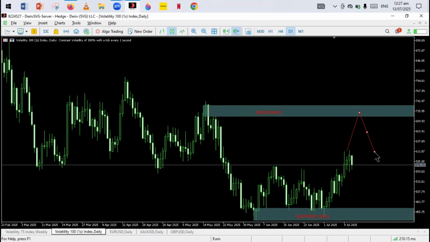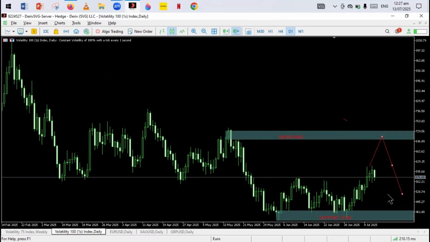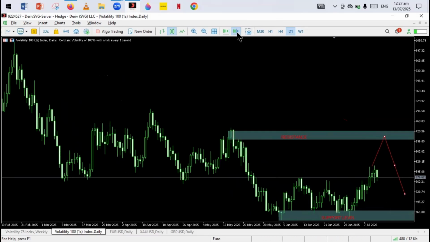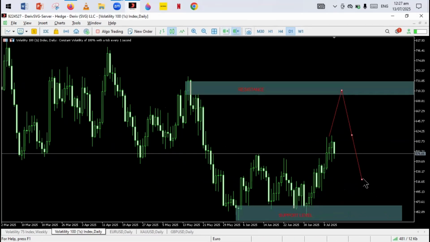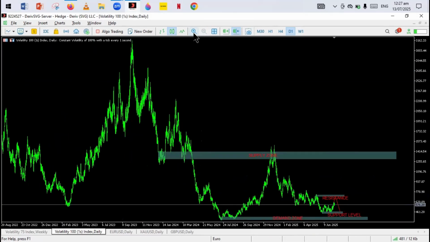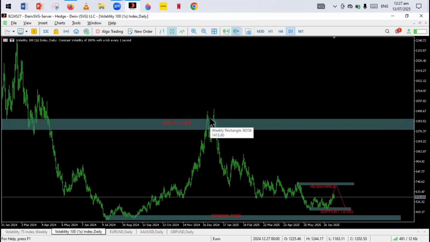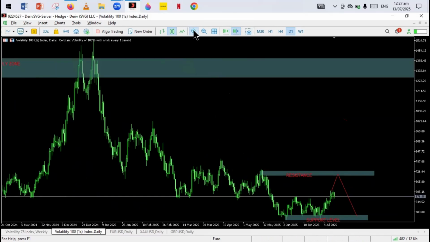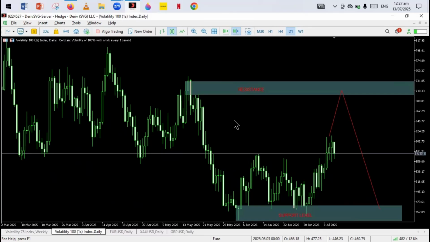So that's what we can expect on VIX 100, because the overall trend is a downtrend. Price moving from supply and then headed to the demand zone. However, this support is currently holding the price.